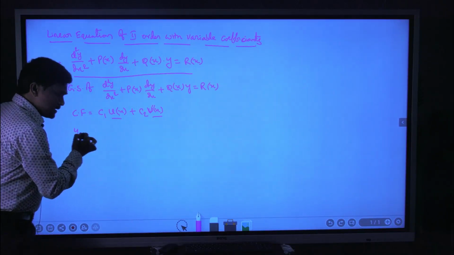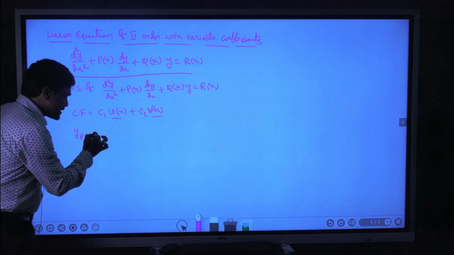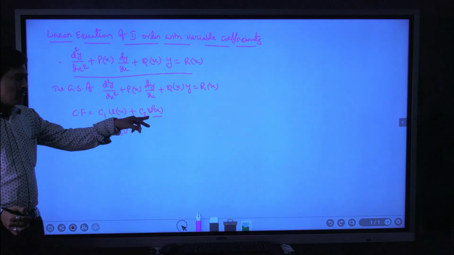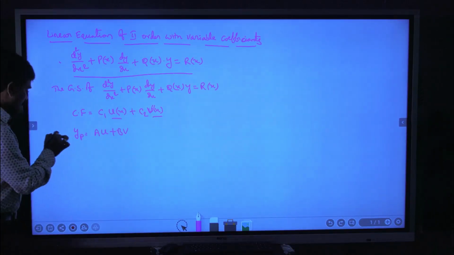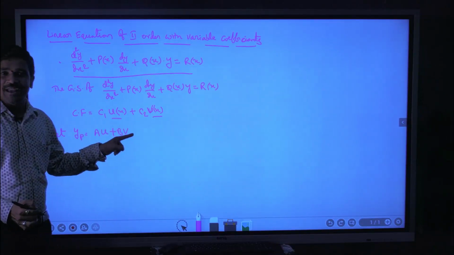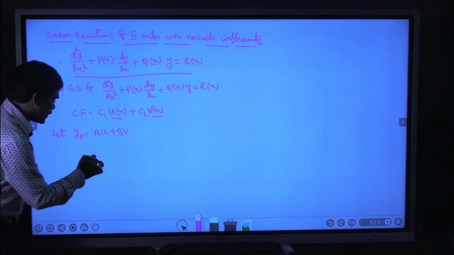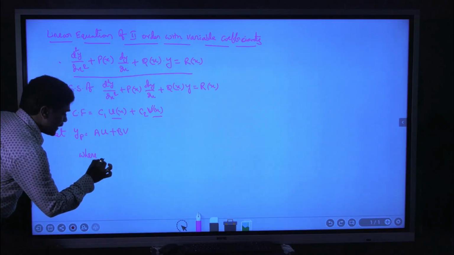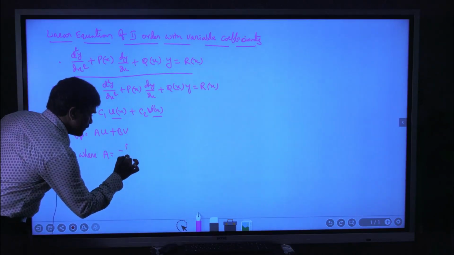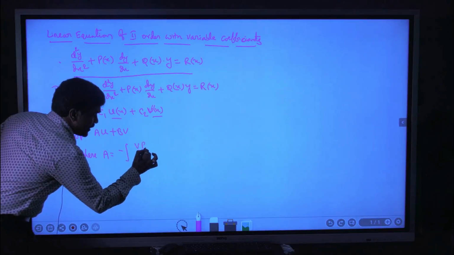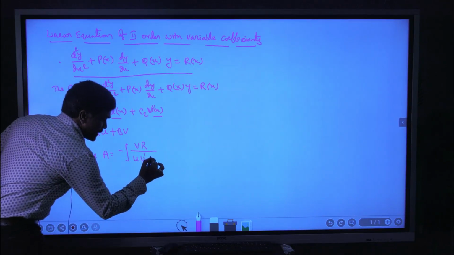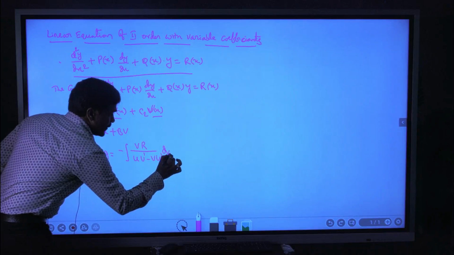Let the particular integration yp be au plus bv. Here u and v we get from the complementary function. Now what are a and b? a is equal to minus integral of v r by uv dash minus vu dash into dx.